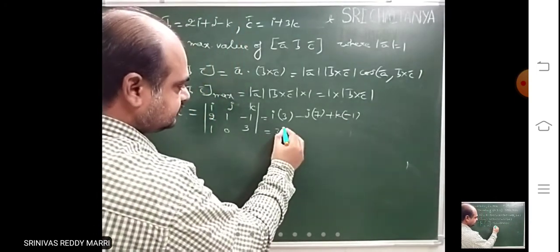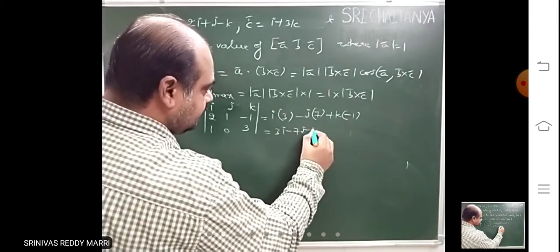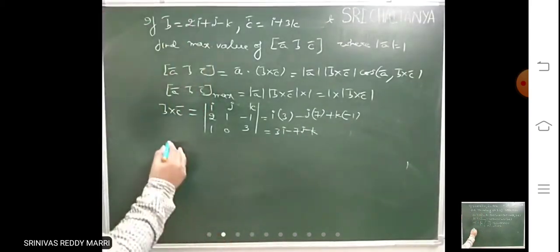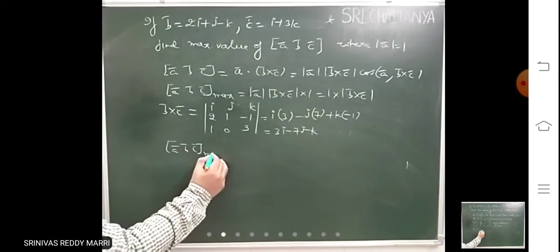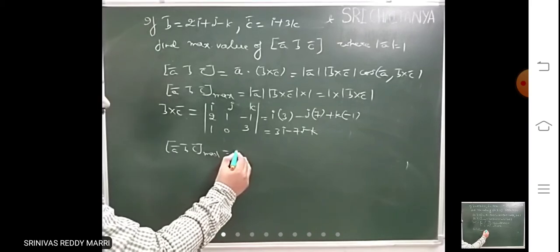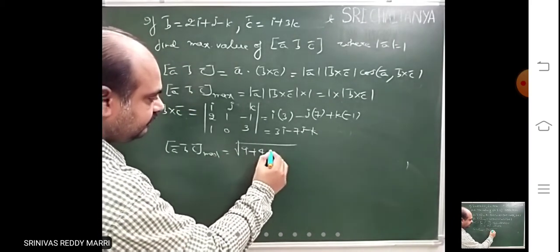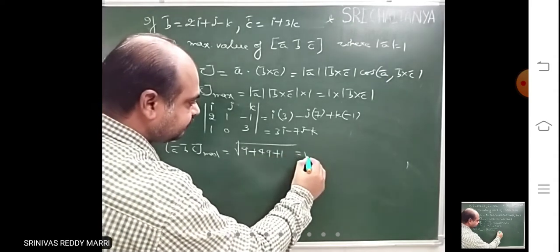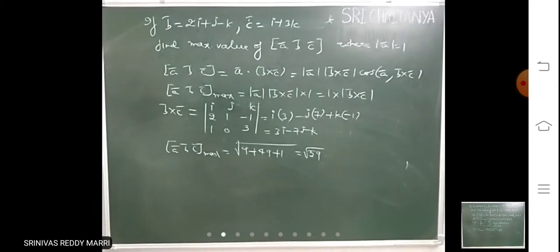That means 3i minus 7j minus k. Therefore the box of A bar, B bar, C bar maximum equals the root of the modulus of this, 9 plus 49 plus 1. That means the maximum value is nothing but root 59.